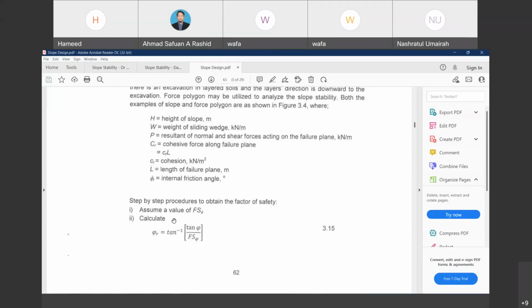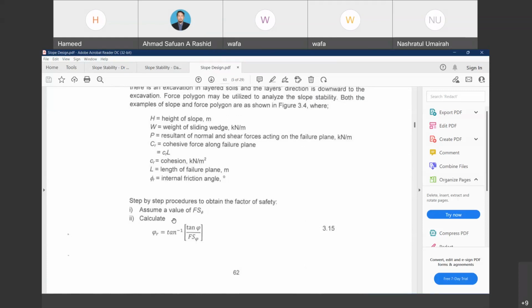We need to make sure that FSC is equal to FS phi. If FSC is not equal to FS phi, then we need to run another assumption of the FS phi, to ensure that FSC is equal to FS phi.